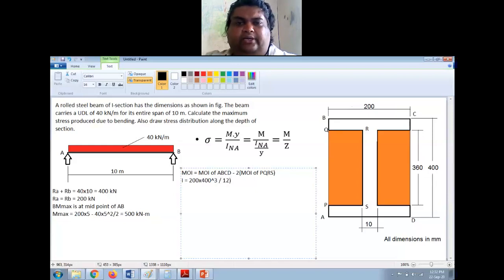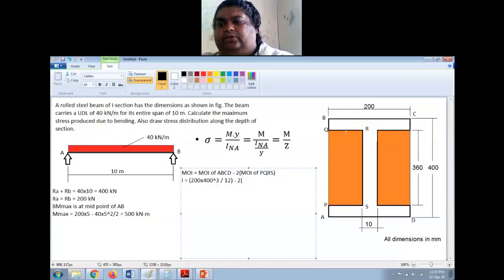So this is my moment of inertia for ABCD minus 2 times moment of inertia of PQRS. PQRS is this small rectangle. So how to find the moment of inertia for the small rectangle? Again, b d cube by 12.